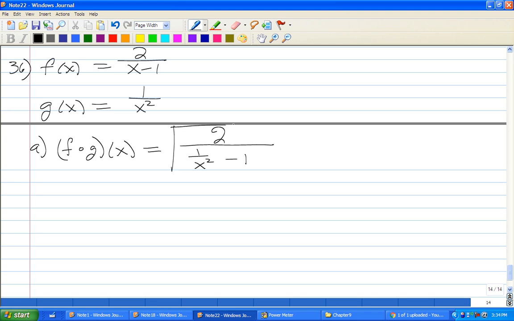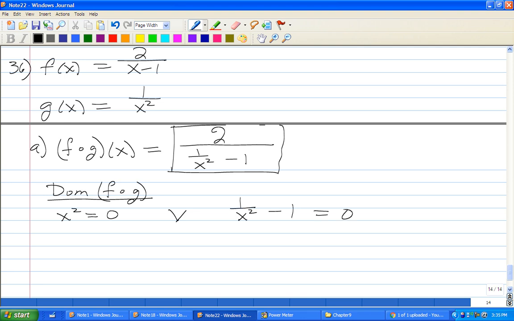Let me determine the domain of this function. So to find the domain, I want to set the denominator to 0. In this case, I have two denominators, so I want to set x squared equal to 0. And I want to set one over x squared minus 1 equal to 0.